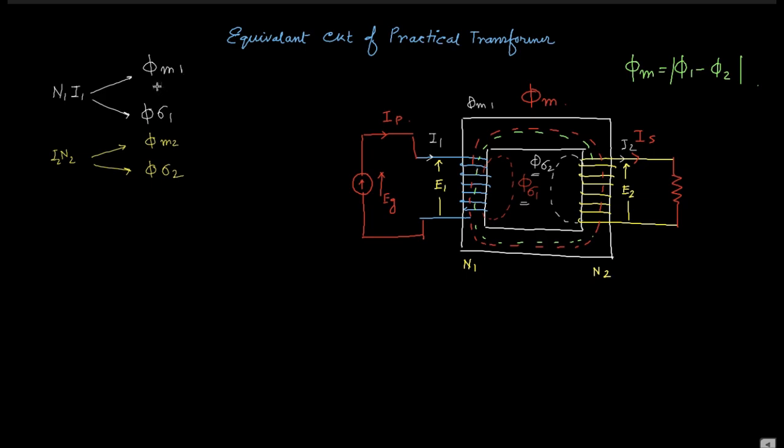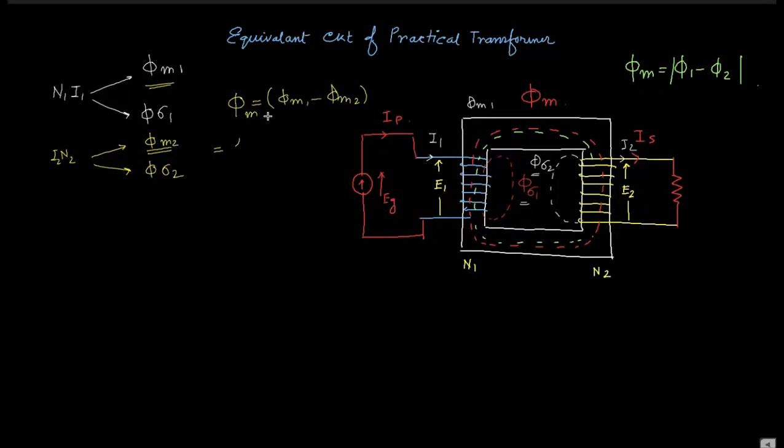But we are not considering phi m1 and phi m2 separately, because phi m is the resultant of phi m1 minus phi m2, and as they are flowing in opposite directions, you can subtract one from the other. Okay, so what is phi m?